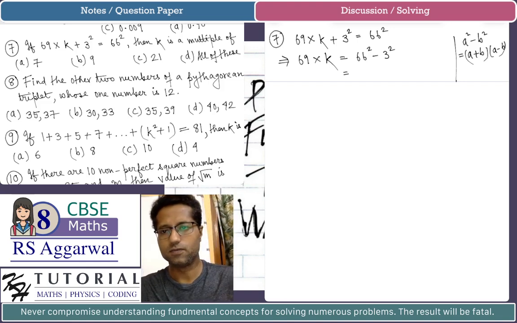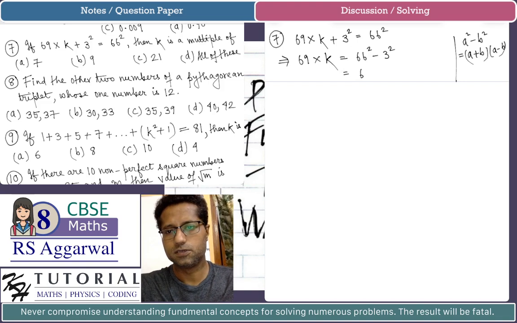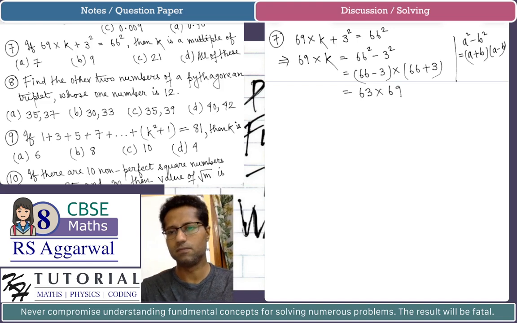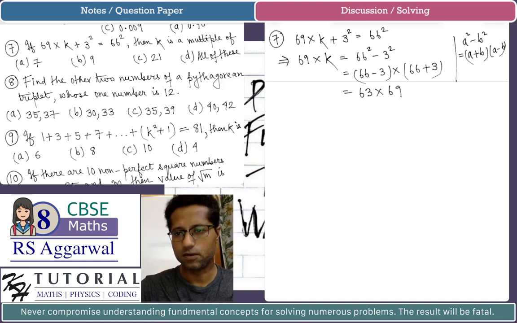So this 66 square minus 3 square will be 66 minus 3 multiplied by 66 plus 3, which is equal to 63 multiplied by 69. So we get 69 multiplied by k is equal to 63 multiplied by 69. I can obviously cancel 69 from both sides and I get directly k is equal to 63.